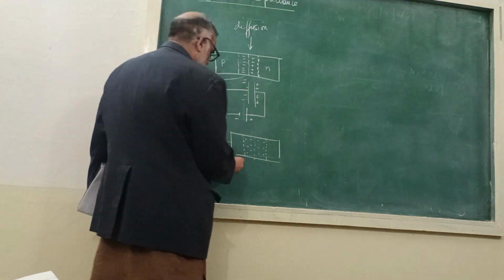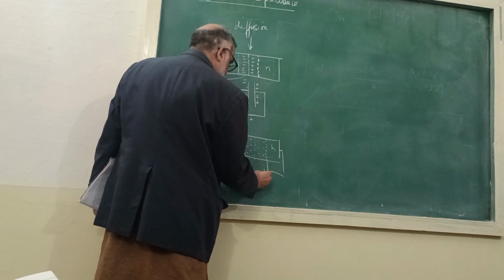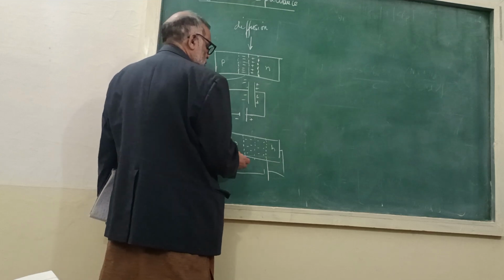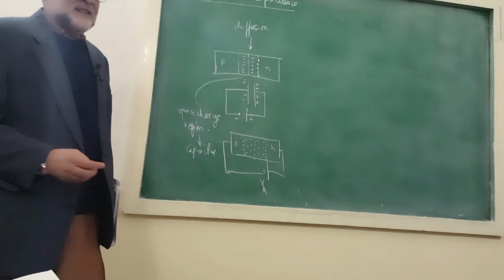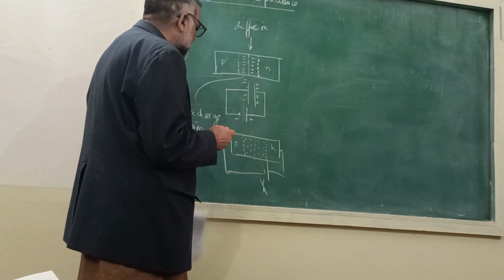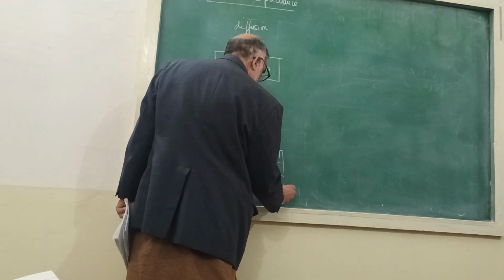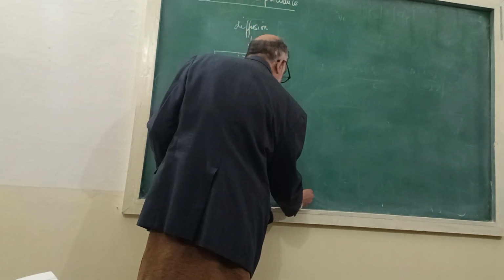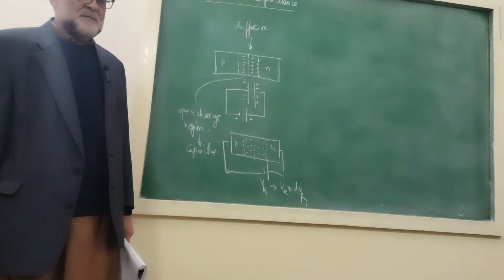In the reverse bias situation, N is attached to positive and P to negative. Suppose we have a potential applied to it, and that is VR. And let us increase V to VR plus some dVR. Let us increase the reverse bias.